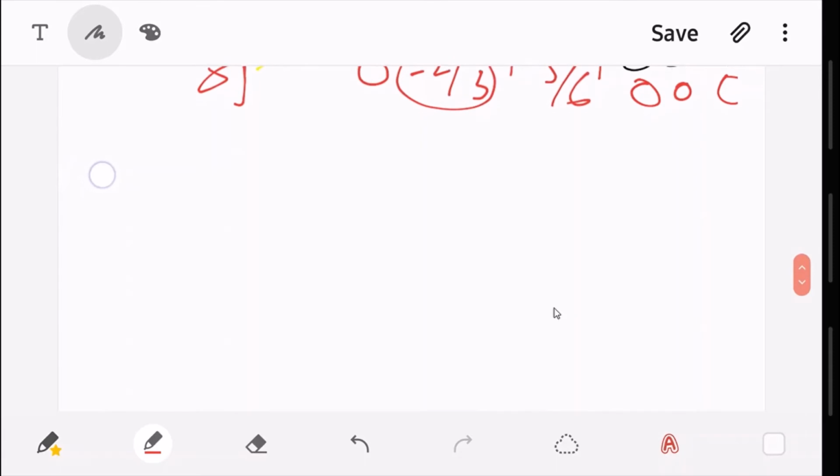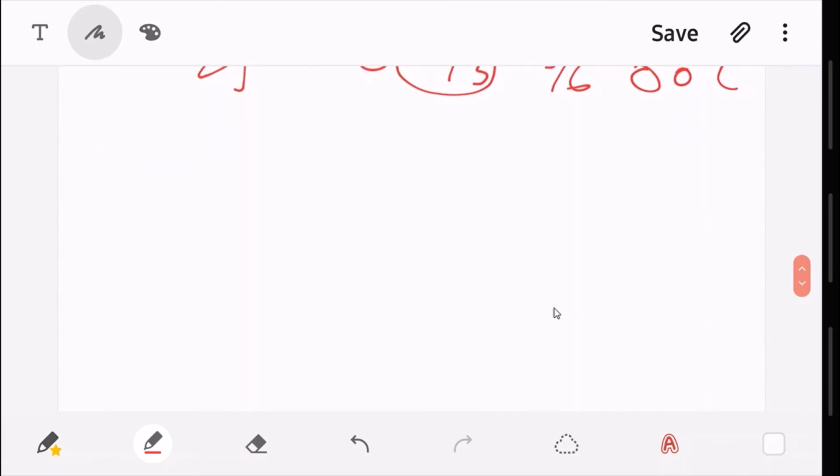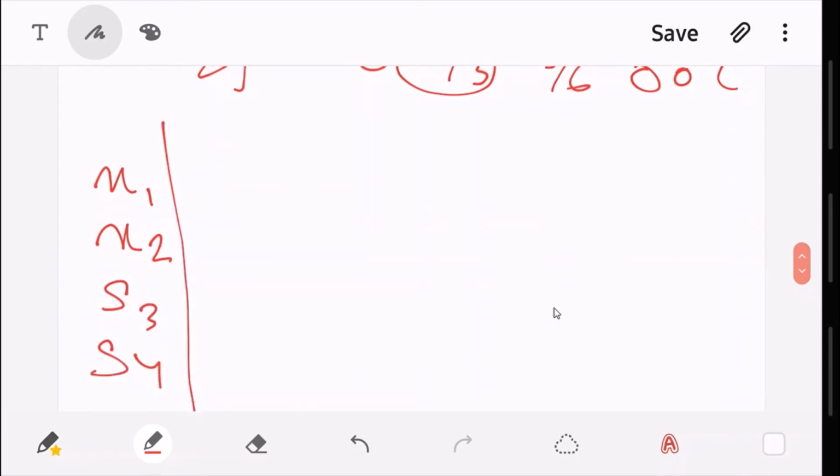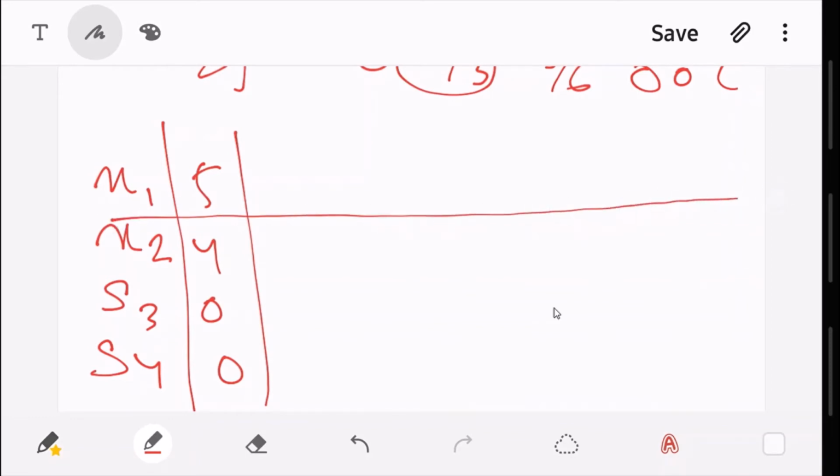So it is x1, x2, s3 and s4. Then their coefficients, then CB, well we need to find out.